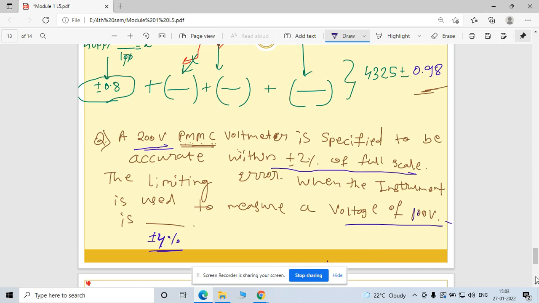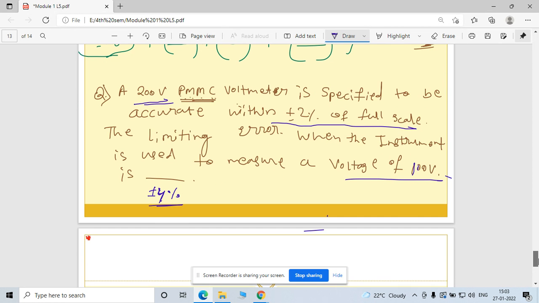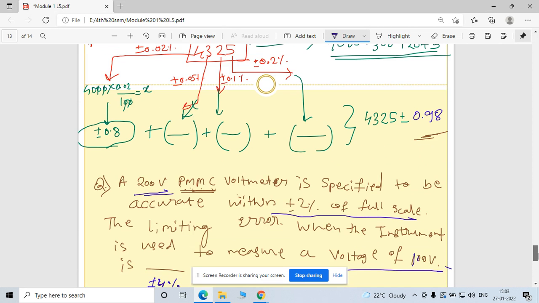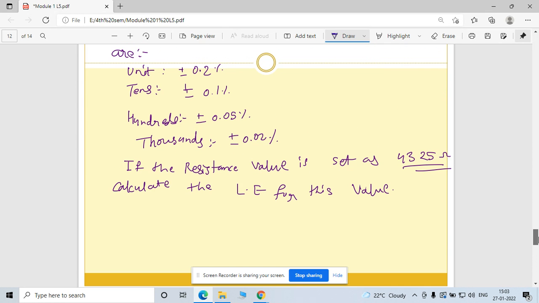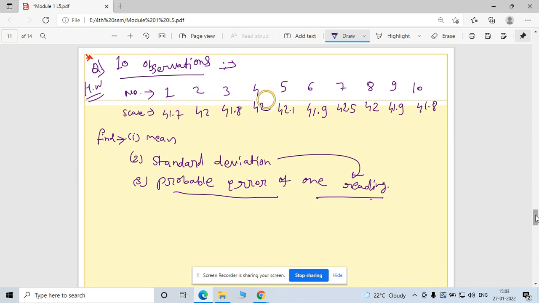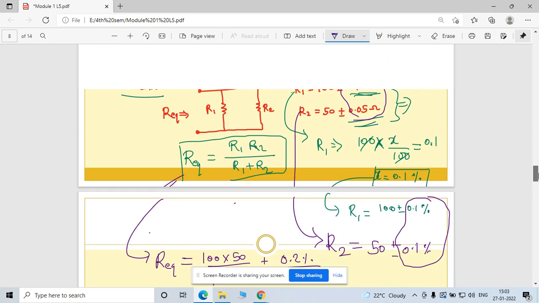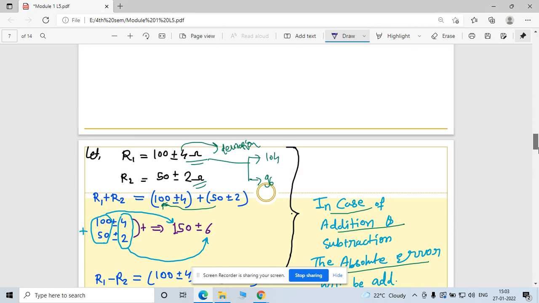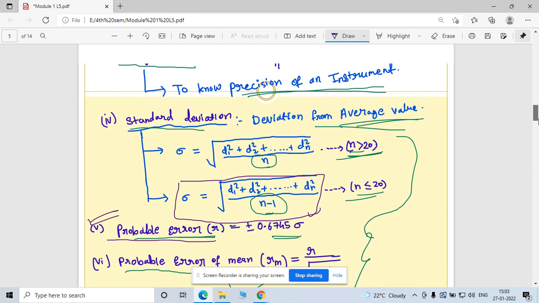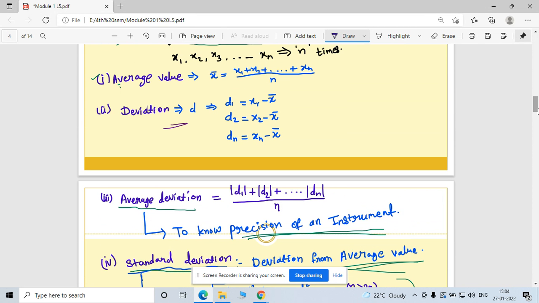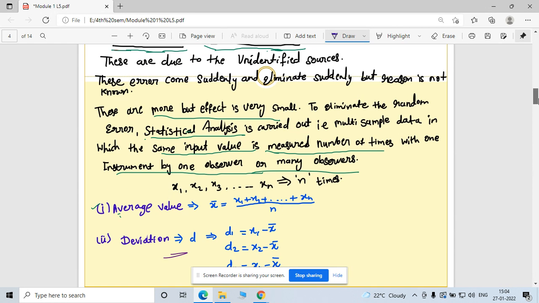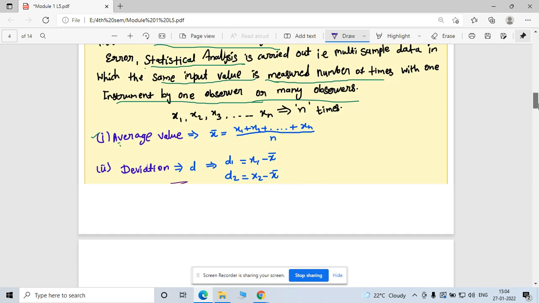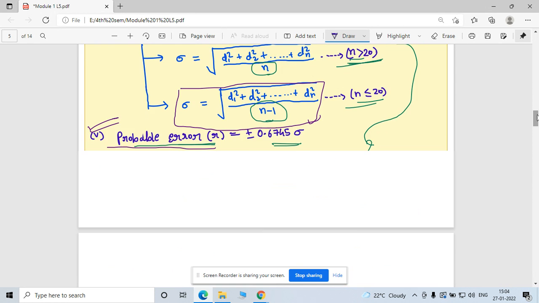Okay. Yes guys, so our unit number one is completed, and the only thing is that you need to practice more questions, and whatever formulas I am taking here all come under random error. Depending on the problem, you need to use these formulas.